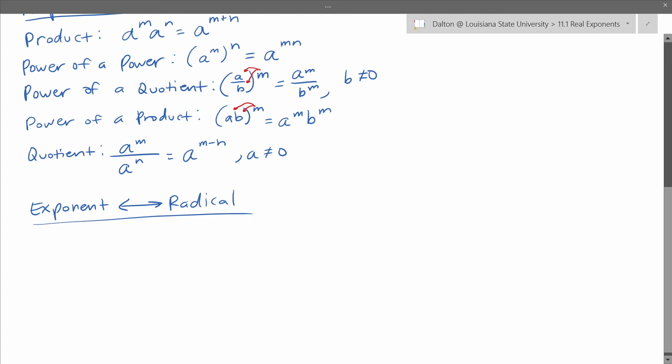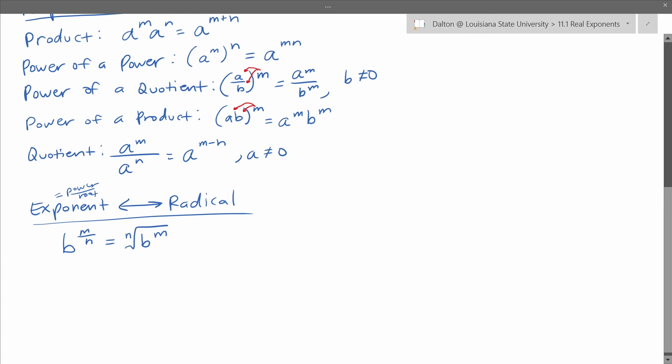Essentially, if you have a number, let's say b to the m over n power, this exponent represents the power over the root. So exponents are equal to power over the root. I can write this in radical form as b to the m power under an nth root. So I have the nth root of b to the m, power over root.